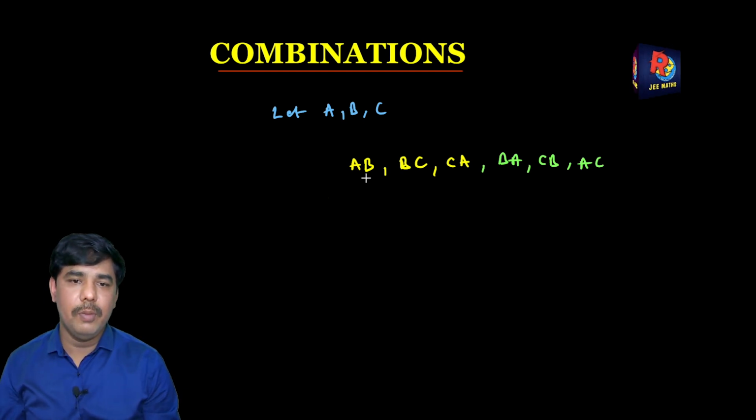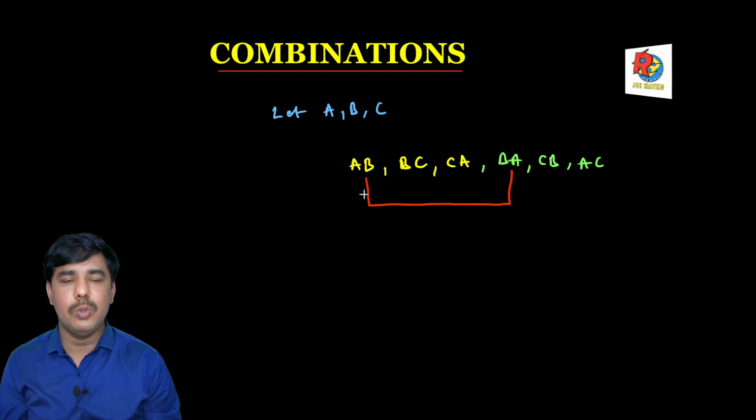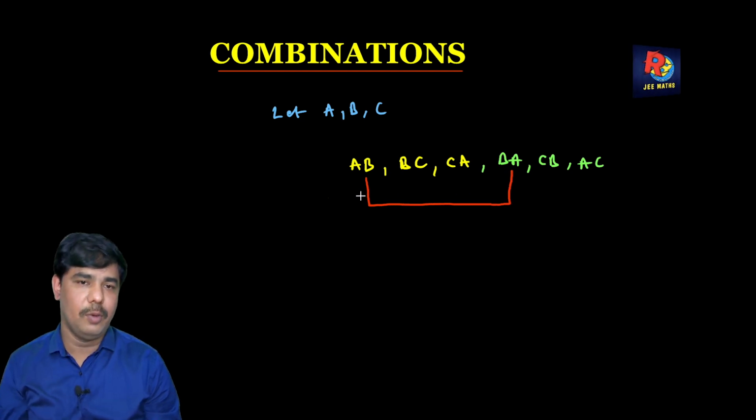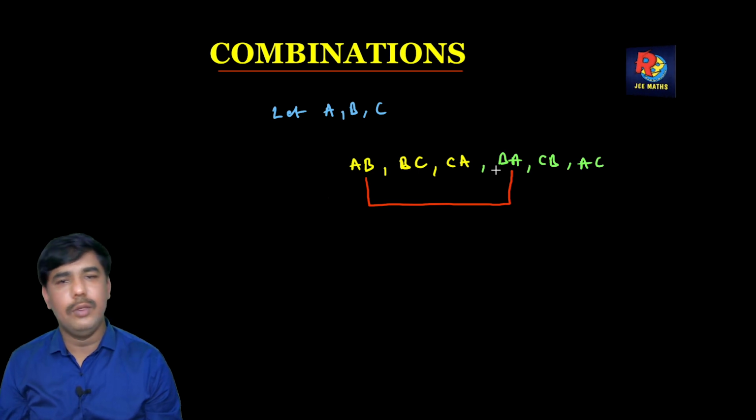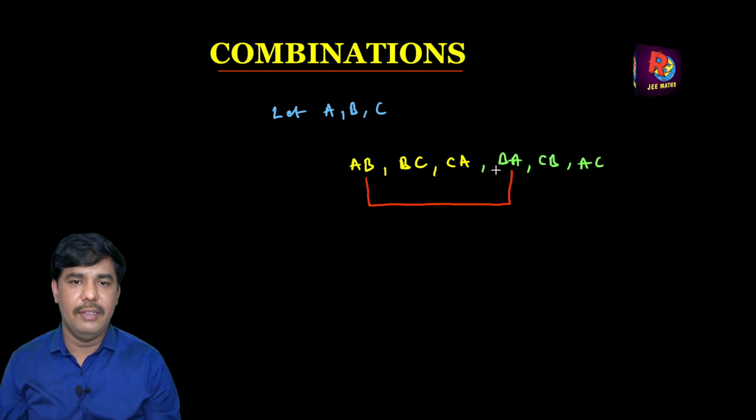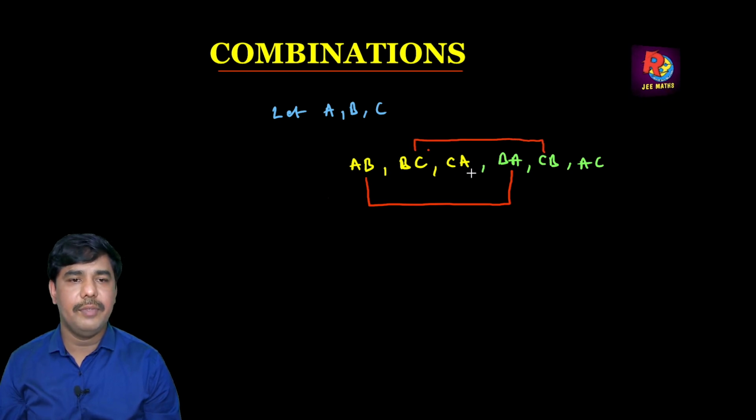Selection of two people means AB and BA will be treated as only one group. From A, B, we need to select two persons. I selected A and B, or I selected B and A. Two meanings, one only. If I selected BC or CB, the two are the same. There is no issue about that.